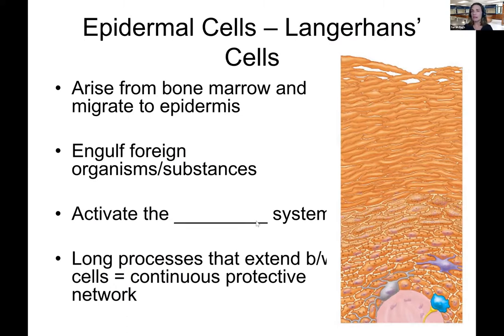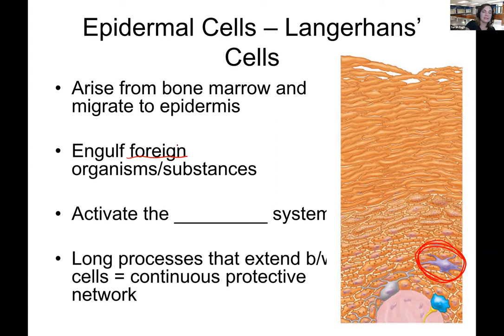Another kind of cell that we find in our skin are called Langerhans cells, and they are these purple guys over here. Langerhans cells are part of your immune system. These actually come from your bone marrow. They are white blood cells, and their job is to recognize a foreign antigen. If they see something foreign, they gobble it up.